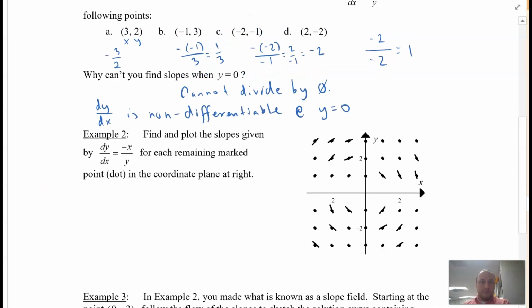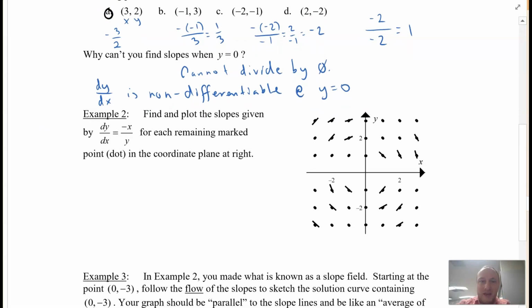I'm going to go ahead and complete this slope field. They've done some of them for us. At point A, (3, 2), I know the slope is negative 3/2, and here's that slope. At (-1, 3), the slope is positive 1/3. At part C, (-2, -1), the slope is approximately negative 2.